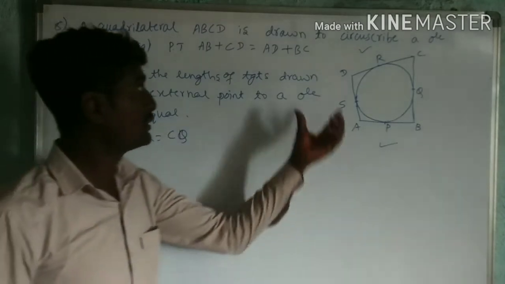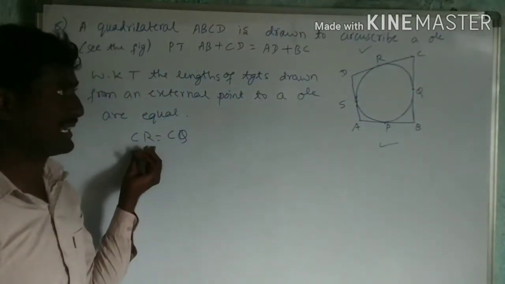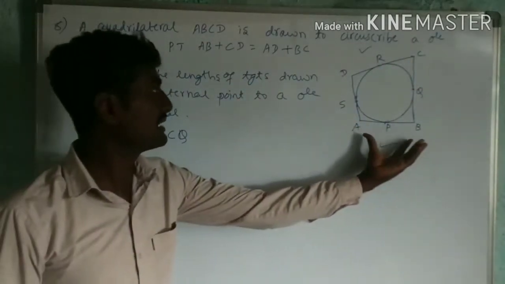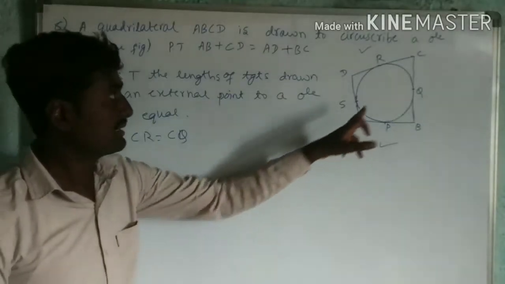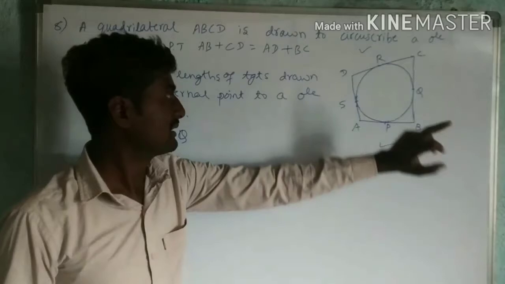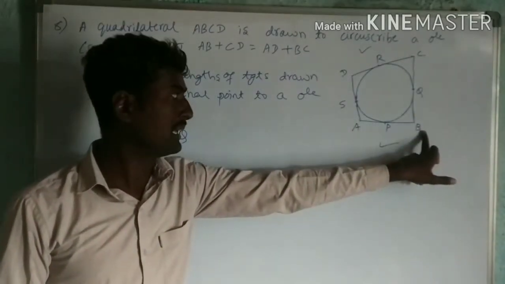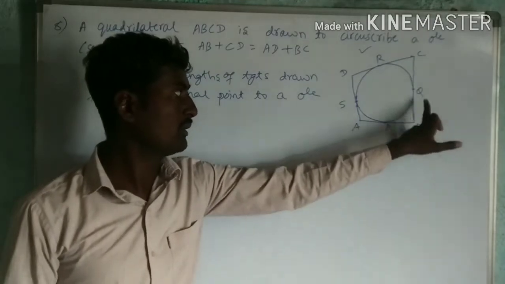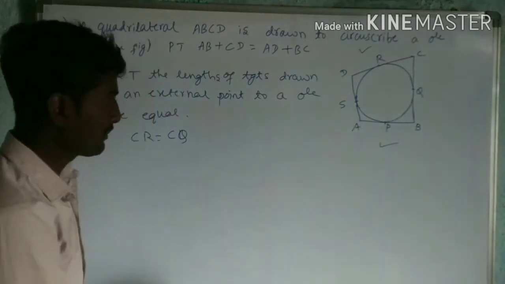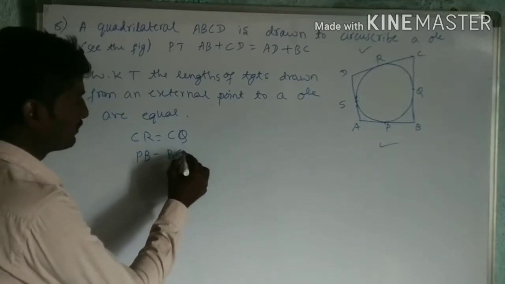On the left side I want AB plus CD, so I will take CD and AB on the left side. CR is equal to CQ. Then for the point C is over, I come to the point B: PB is equal to BQ.